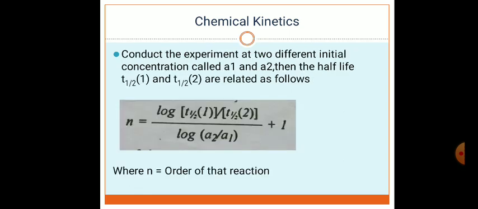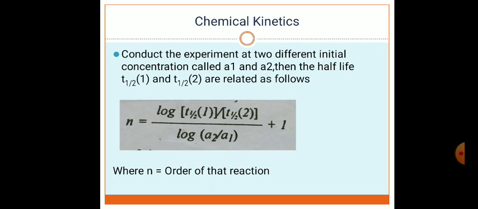Alternatively, conduct the kinetic experiment at two different initial concentration levels, that is A1 and A2, under identical conditions. Then the half-lives t-half first and t-half second are related as follows: n is equal to log of (t-half of first divided by t-half of second) divided by log of (A2 by A1), plus 1, where n is called the order of reaction.